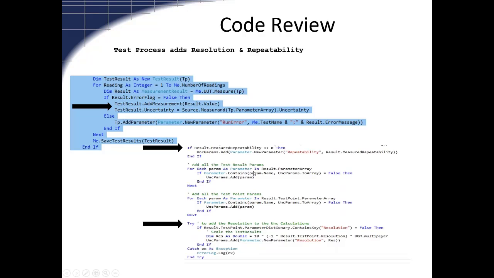Then you can see this little piece of code is going to add any other parameters that were added to the results. So this add parameter, if there was some kind of a measurement, is what's going to add that to the result, so you can see what the error was in the process. And then down here, this grab the resolution is actually going to reach in and grab the resolution. It's wrapped in a try catch so that if we have a problem with the resolution, we don't fail the code.